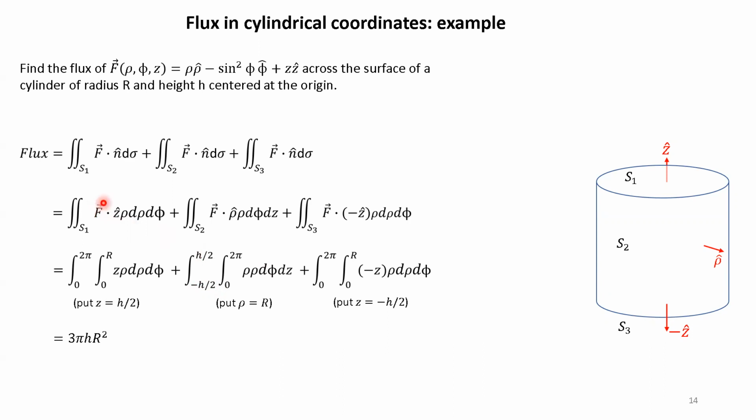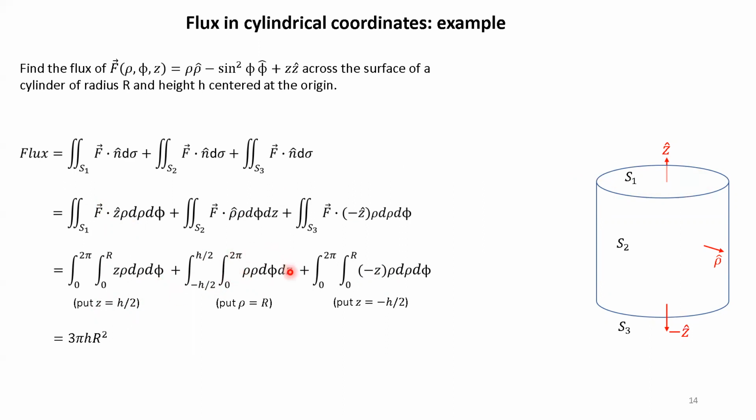And then I take care of this dot product for the integrand. Okay, so they're all here. One thing to notice is that when I do the integral over S1, whenever I see the z variable, I just put z equals h divided by 2.